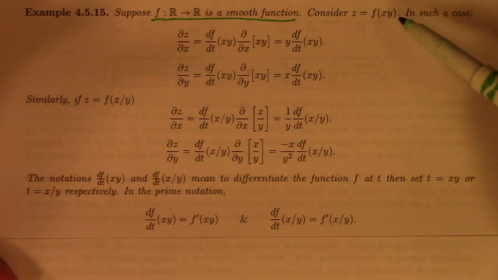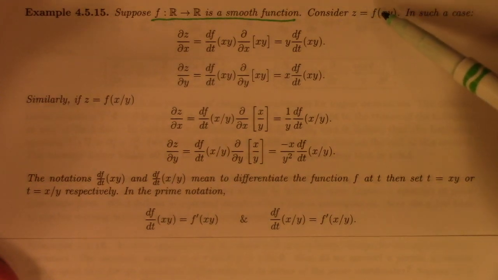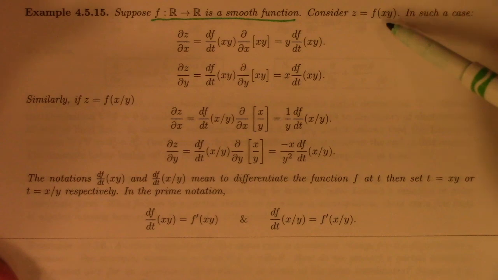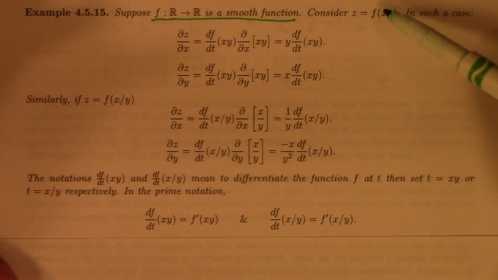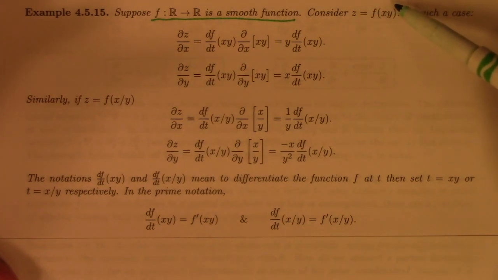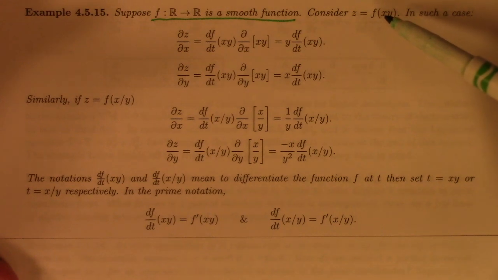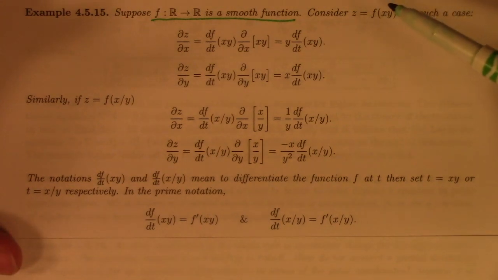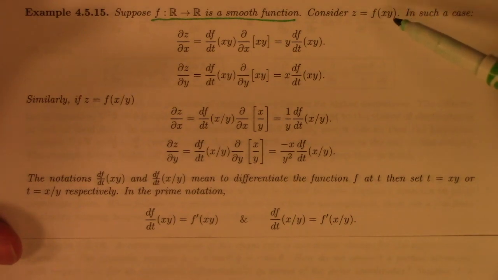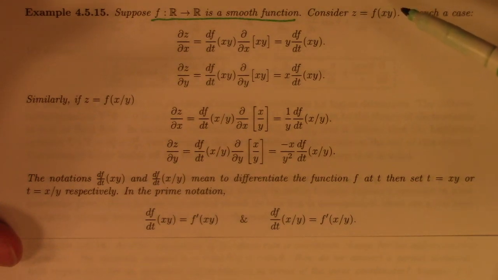And so I'm saying z is equal to f of xy. All right, so I've given you how z depends on x and y in a kind of sneaky way, right? And then if I, in addition, think about x and y being functions of time, let's see here, partial z, partial x.